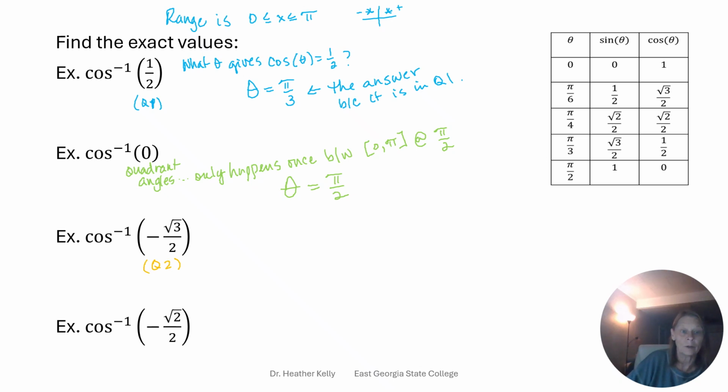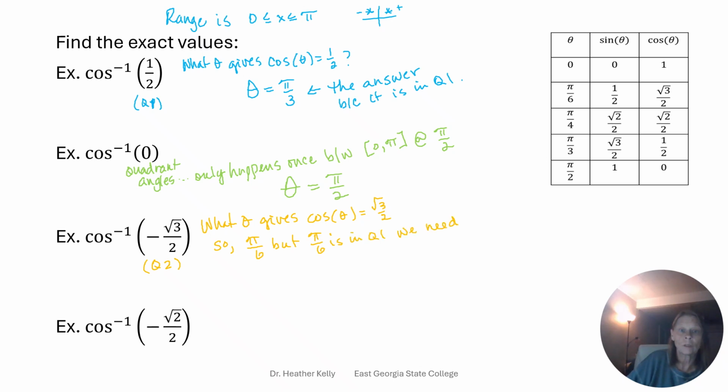So we want to know what theta gives cosine theta equals root 3 over 2. And that is pi over 6, but pi over 6 is in quadrant 1.